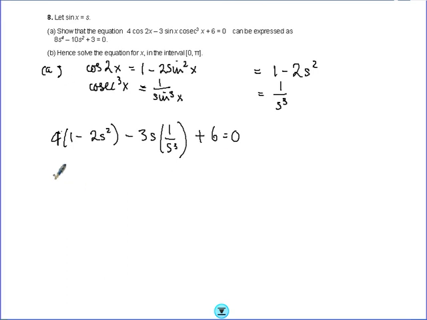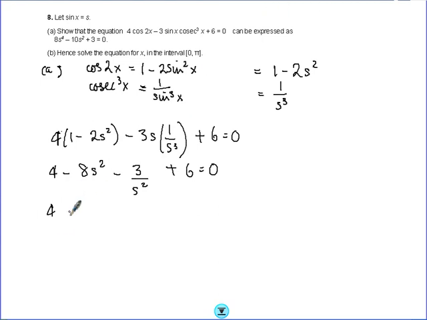Multiplying through by s. Well, let's simplify it first. Let's get rid of the bracket. 4 minus 8 s squared minus 3 over s squared plus 6 is equal to 0, and we'll multiply up by s squared.